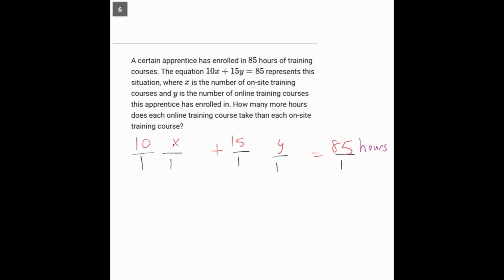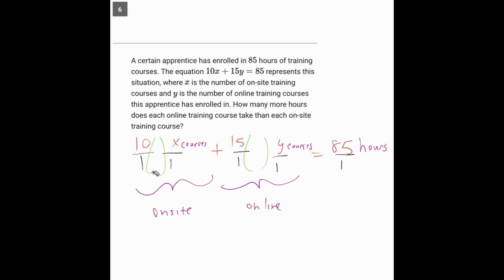So we can say we have X courses, and that's for the on-site part. And Y is the number of courses that are online. So we'll put the word courses right here. And the question is, what unit would we need in this empty space right here and also right here to make this work?